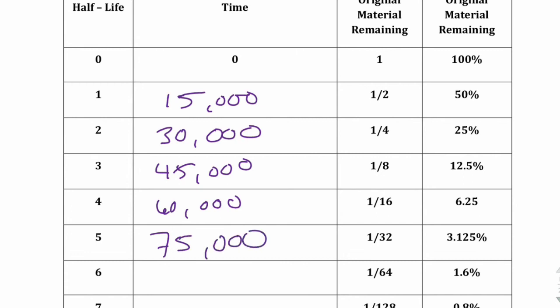And I'm going to stop right there. Why am I going to stop right there? Because in the problem it says 3% of the original isotope is left. Notice that I'm at about 3%. And when I find that 3%, what I found is that the rock is 75,000 years old. That's how you solve this problem.